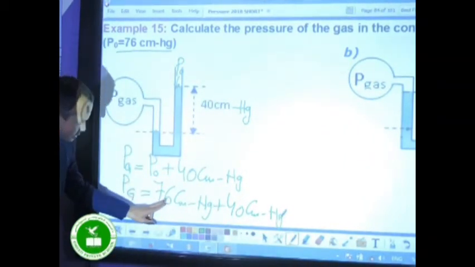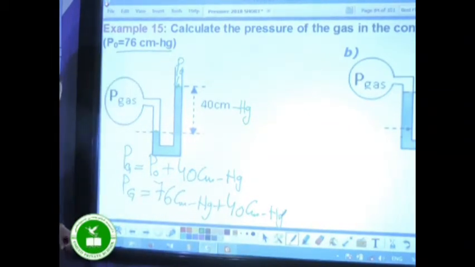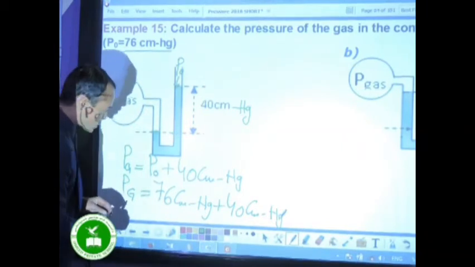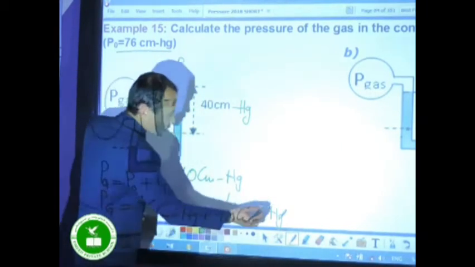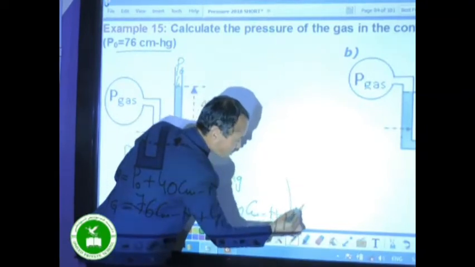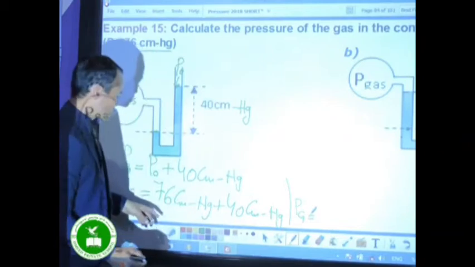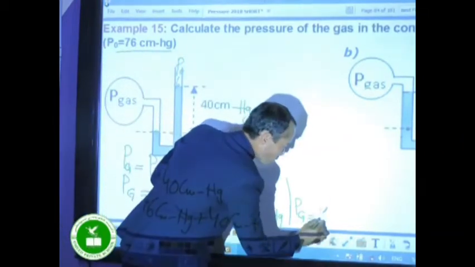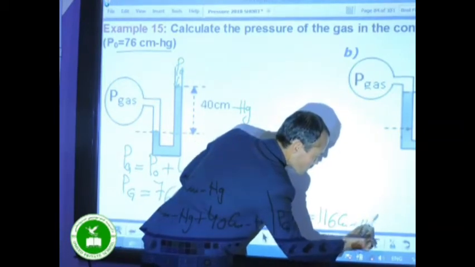Finally, 76 plus 40 is 116. P gas is equal to 116 centimeter Hg.